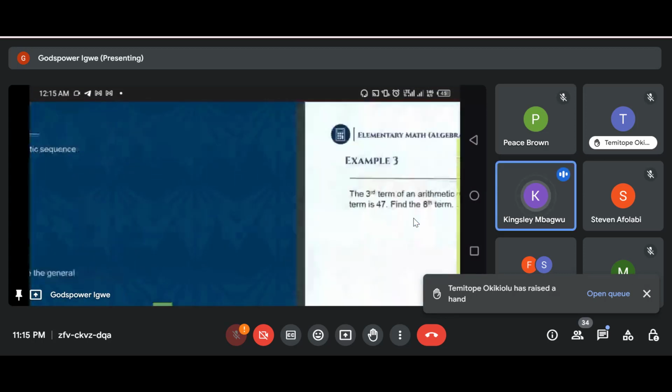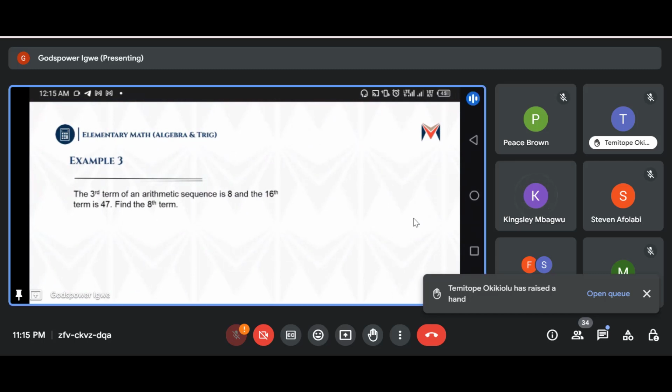So the third term of an arithmetic sequence is 8 and the 16th term is 47. Find the eighth term. This one they didn't give us the first term. So what do you think we should do there now?